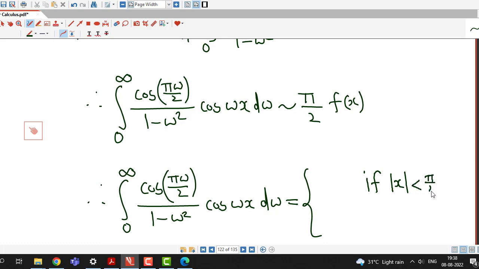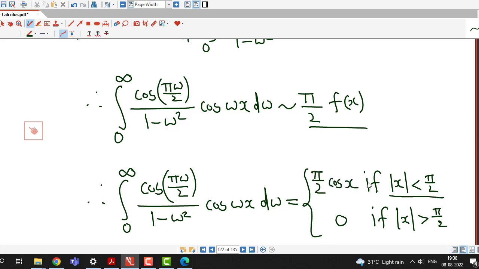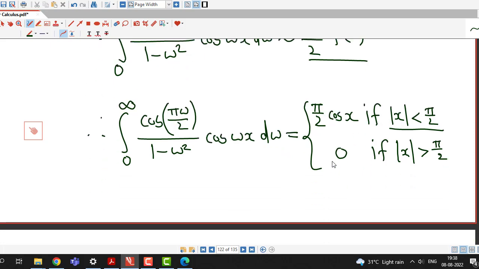If |x| is greater than π/2, f(x) is 0, so this quantity is 0. If |x| is less than π/2, f(x) is cos x, so I will obtain π/2 into cos x. So we have obtained this here.